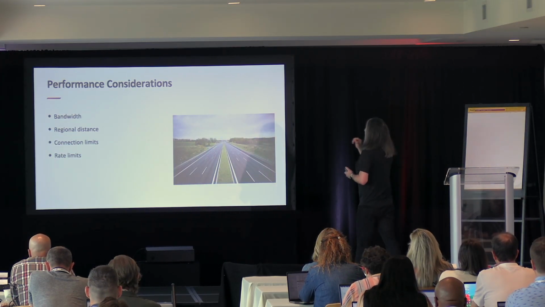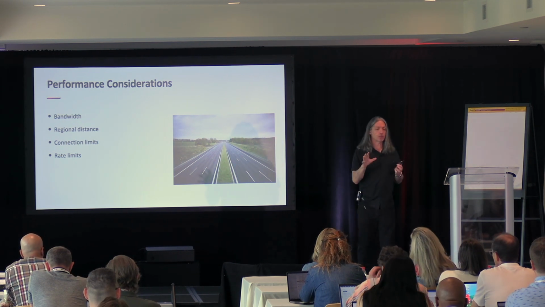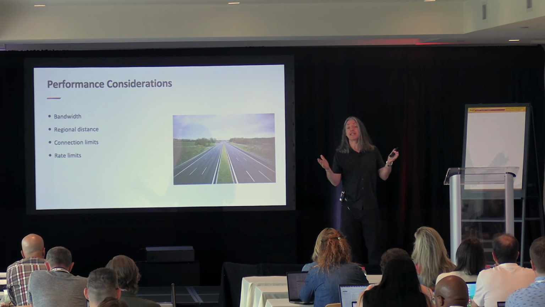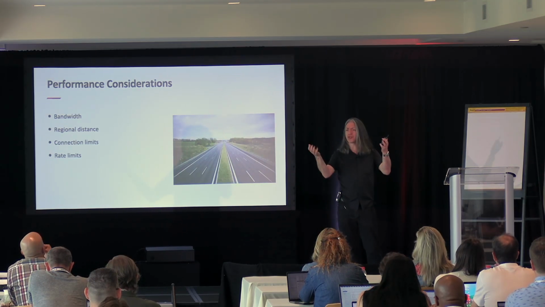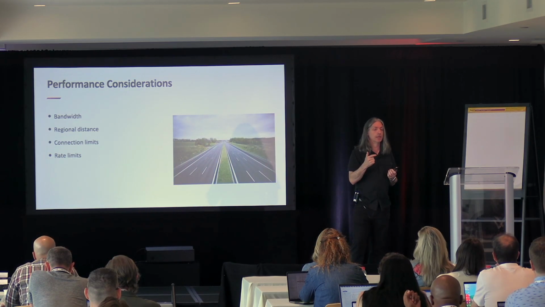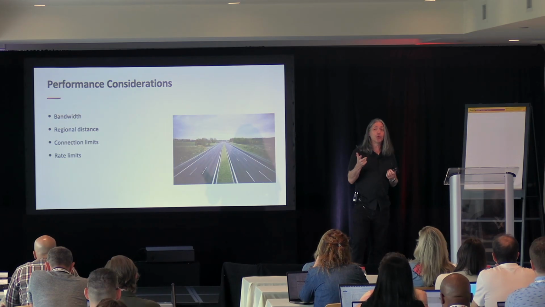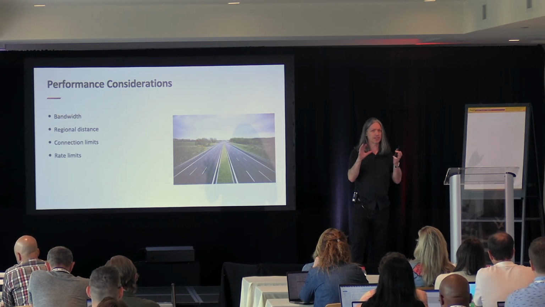All right, connection limits. This is an interesting one. Most cloud-based systems don't have connection limits. If you have 32 lanes of road, we're going to let 32 lanes of traffic in. But there are some systems like Dropbox and Box. Those are the two I know mostly of. They're the worst. I think Google too, if you have a personal Google Drive account as opposed to a business account.